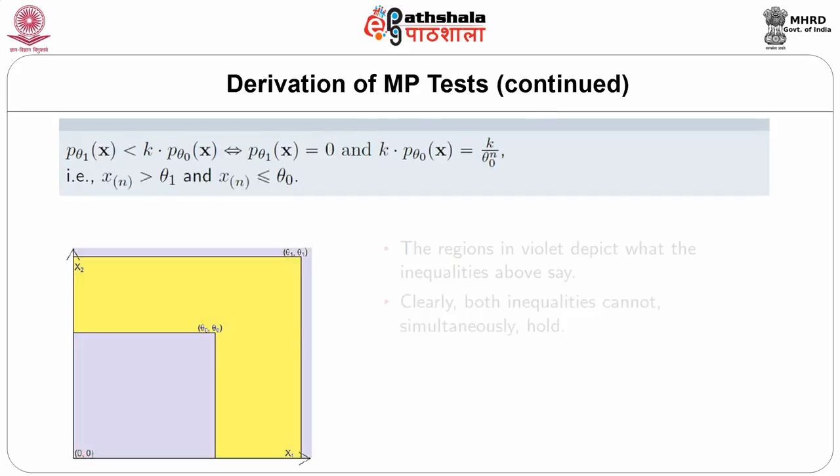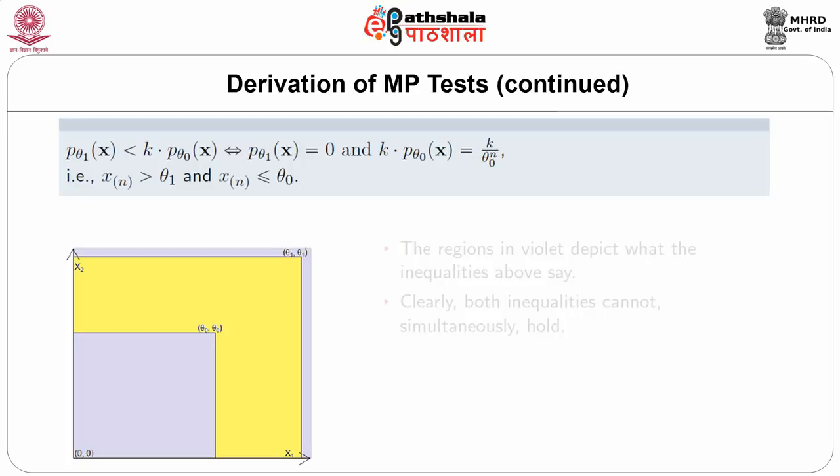Now, we consider p theta 1 is less than k p theta naught. This is equivalent to p theta 1 being 0 and k p theta naught being k by theta naught to the power n, which is equivalent to x order n greater than theta 1 and x order n less than or equal to theta naught.